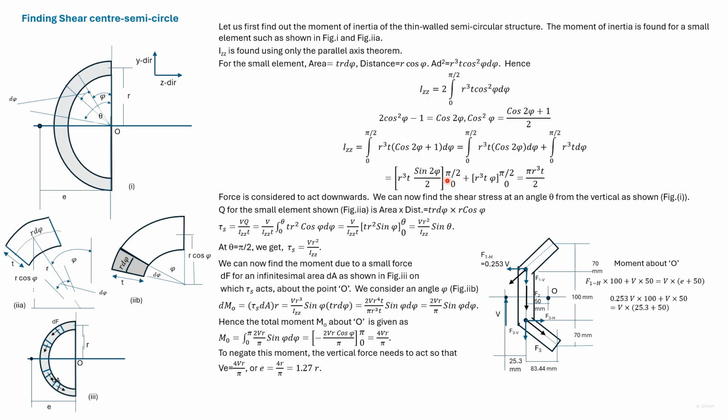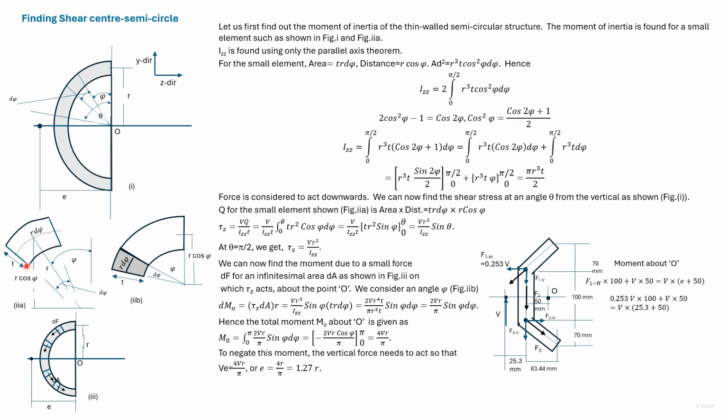Substituting the limit pi by 2, we get sin pi, which is 0, and sin 0, which is also 0. For this portion, we substitute pi by 2 to get pi r cubed t by 2. When we substitute 0, we get 0. So Izz is given by this expression.